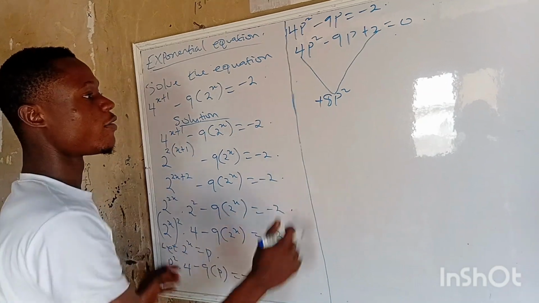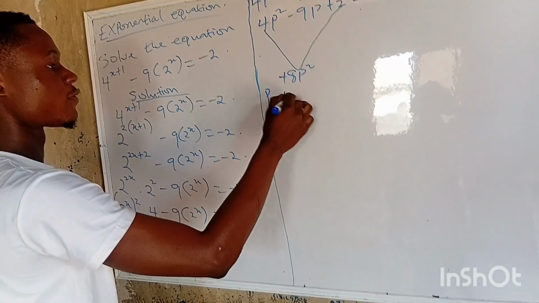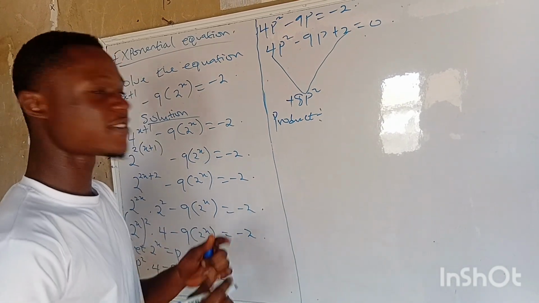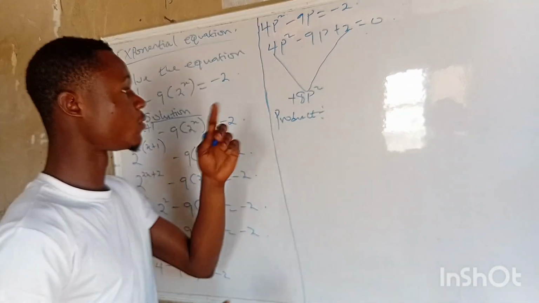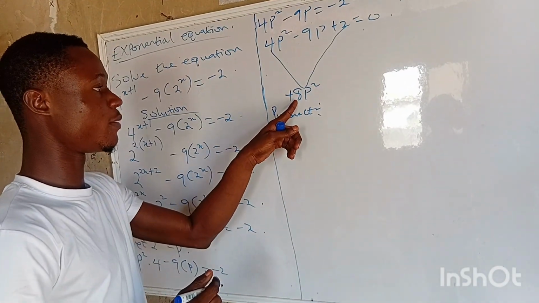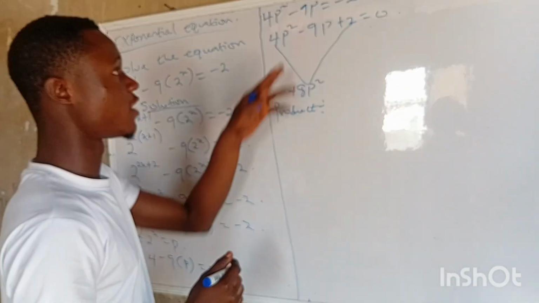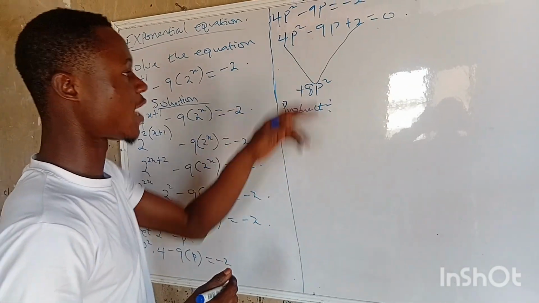So first of all, products first. We are going to look at two numbers. When you multiply them together, it must be +8, and when you add those two numbers together, it must give you −9p.